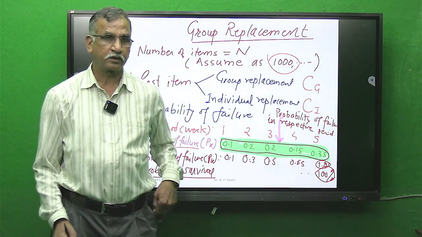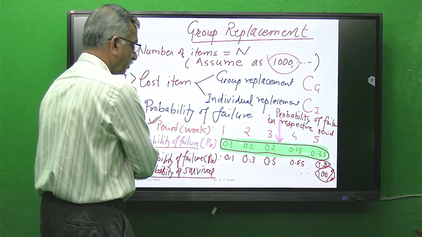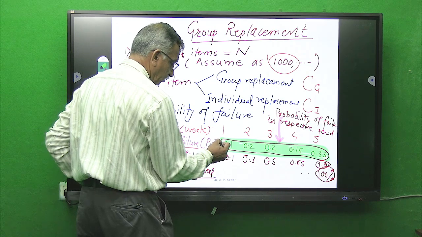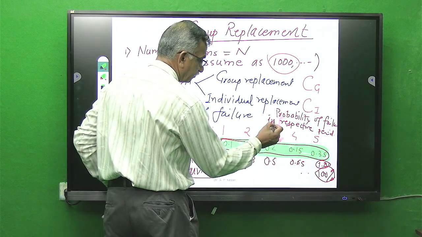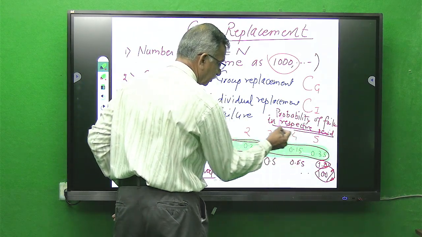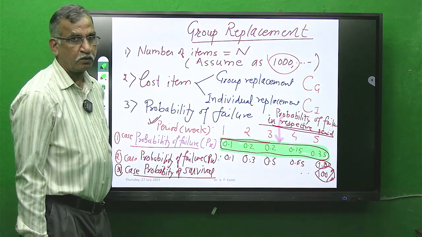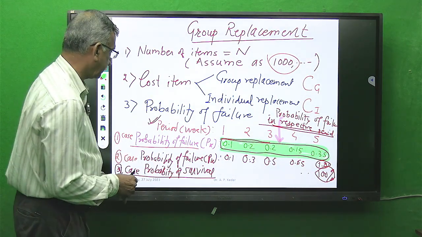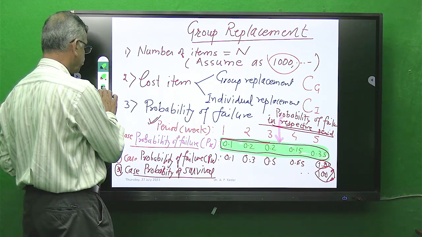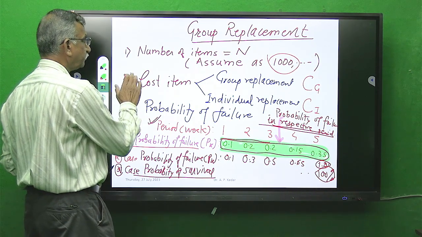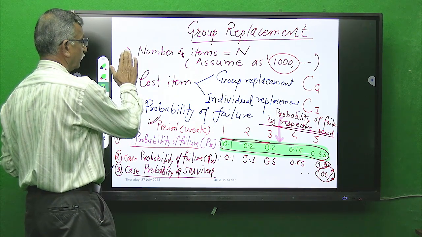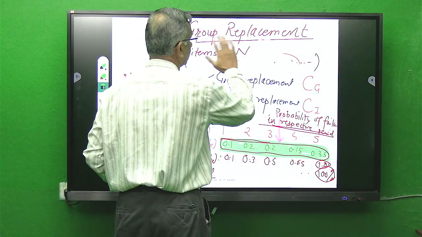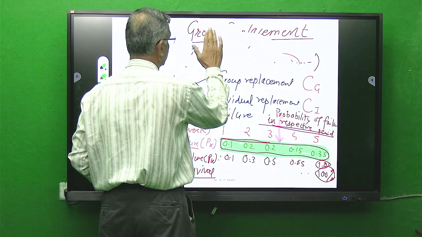I have said that while analyzing the problem, we want only probability of failure of respective period. So how the data is given in the third category, that I will explain.